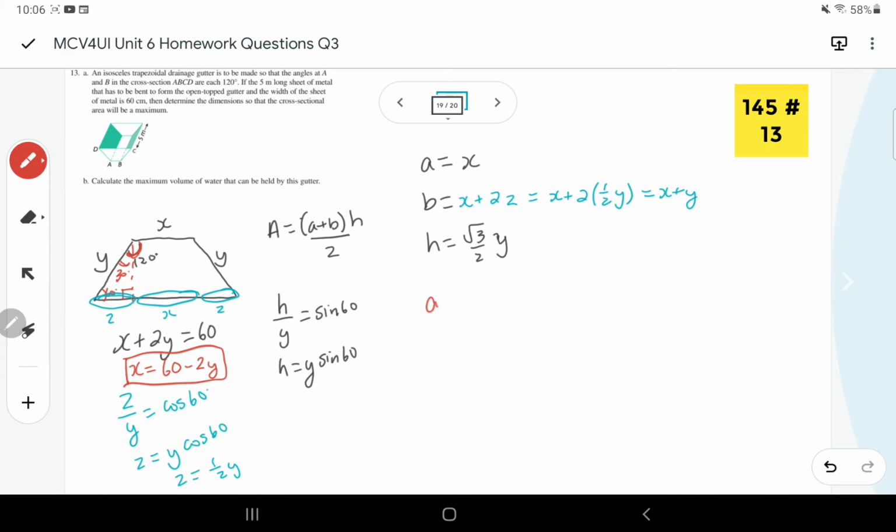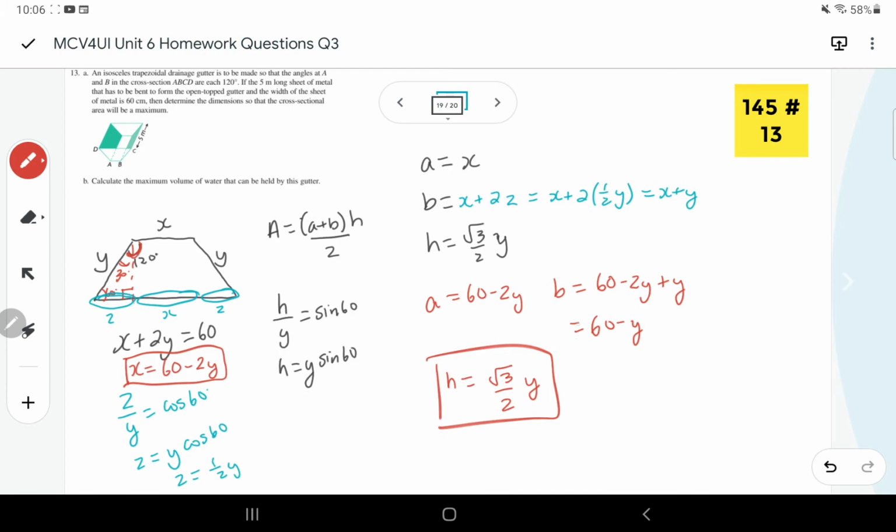So a is going to be 60 minus 2y, b is going to be 60 minus 2y plus y, so just 60 minus y. And then h is going to be just root 3 over 2y. That's already set.